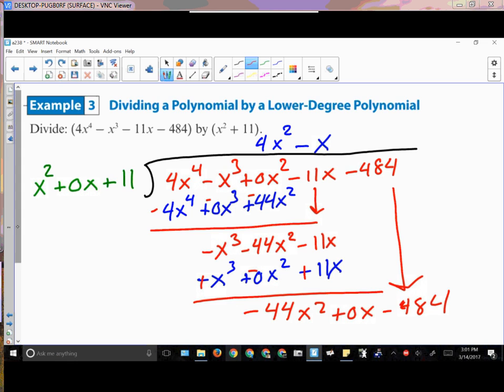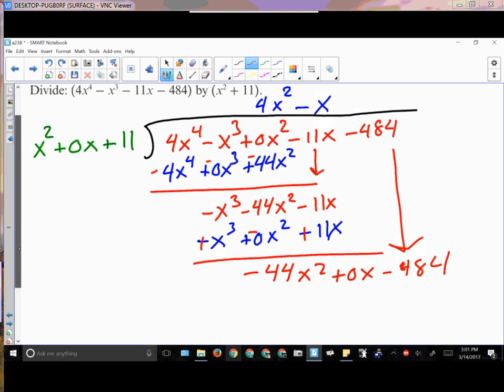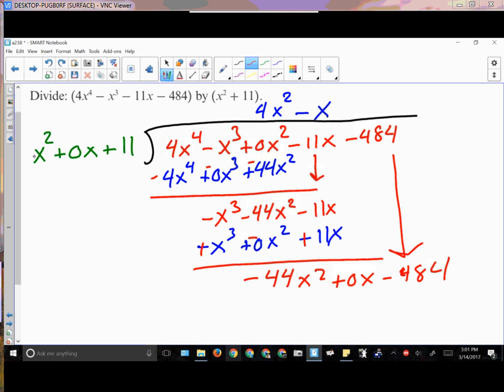Once again, we ask the question, what must I multiply x by to get to negative 44? So it's going to be a minus 44. So negative 44 times x squared is going to be negative 44x squared. Negative 44 times 0x is going to be plus 0x.